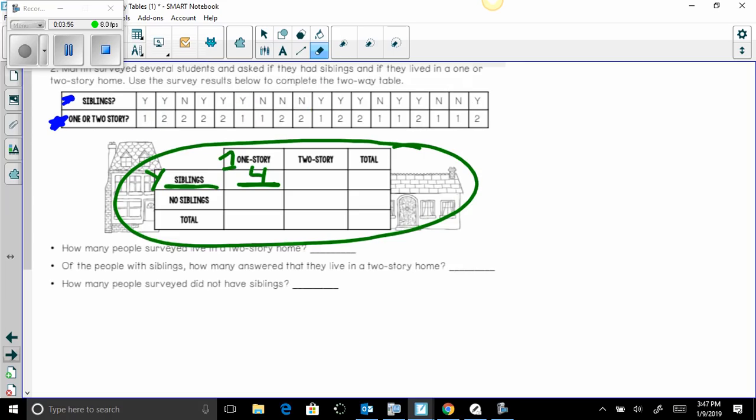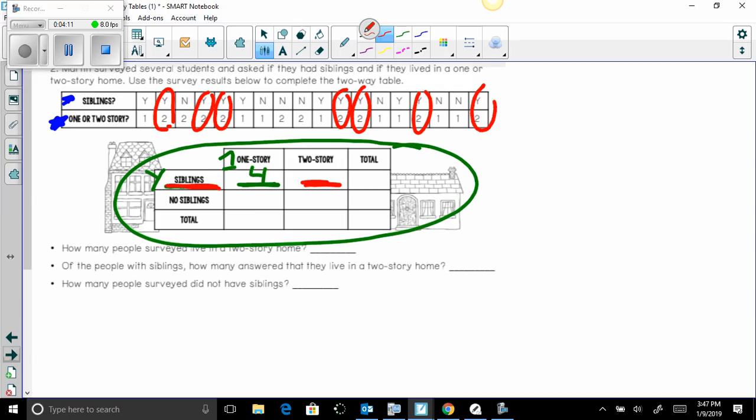Now I want to figure out how many people had a sibling but lived in a two-story home. So yes and 2. 1, 2, 3, 4, 5, 6, 7 people. So the total there of people who had siblings, whether they lived in a one-story or two-story, is 11.